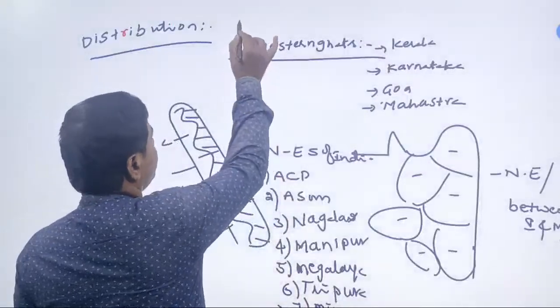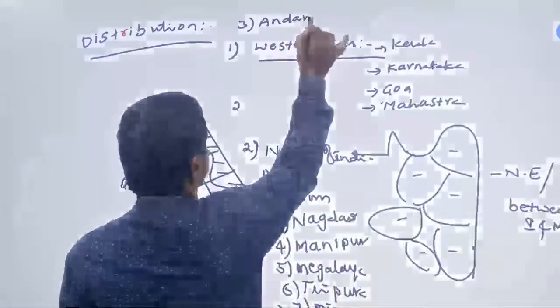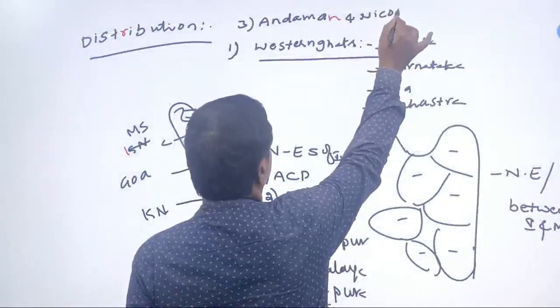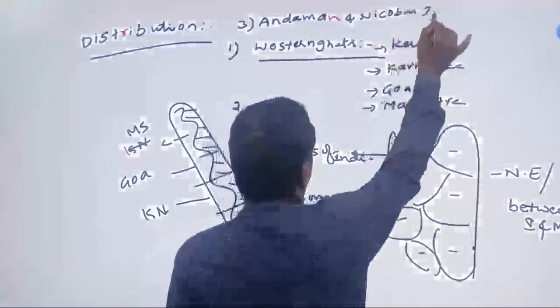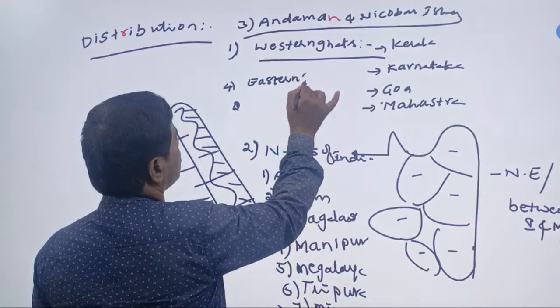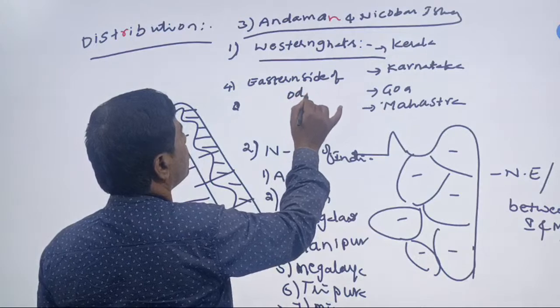At the same time, third are the Andaman and Nicobar Islands. Next, the fourth region is the eastern side of Odisha.